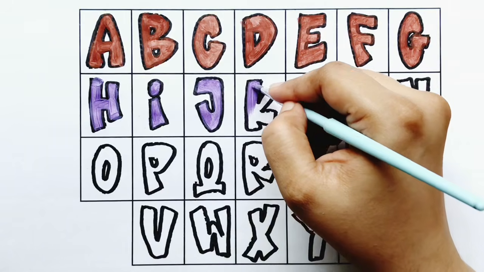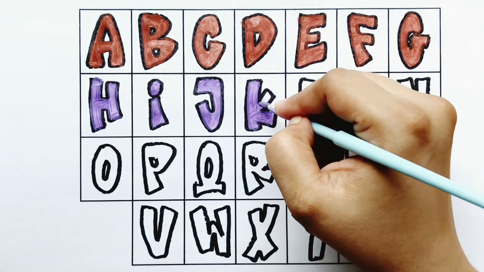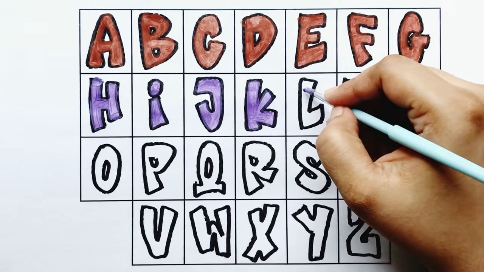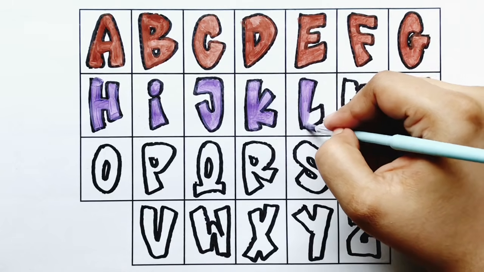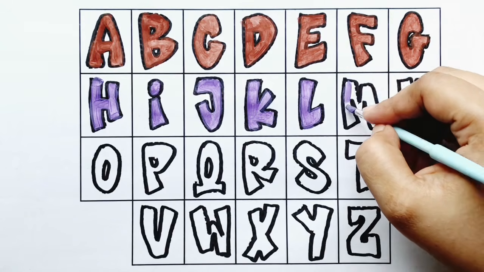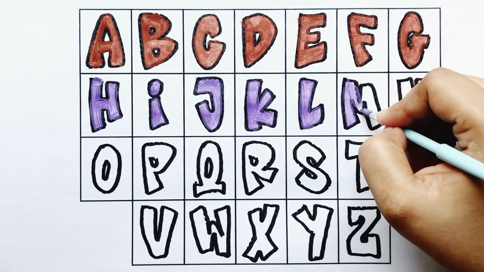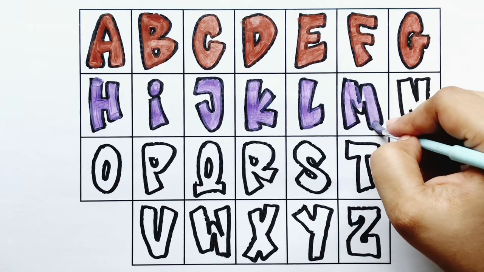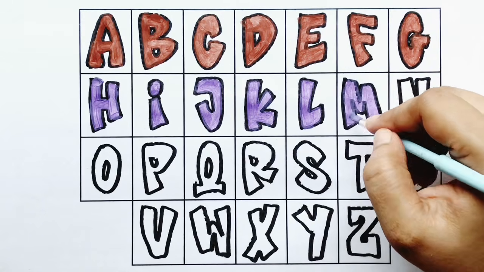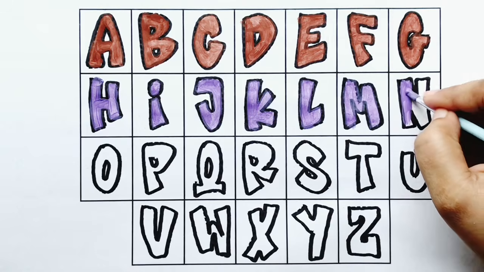K for kite. L for line. M for monkey. N for nest.